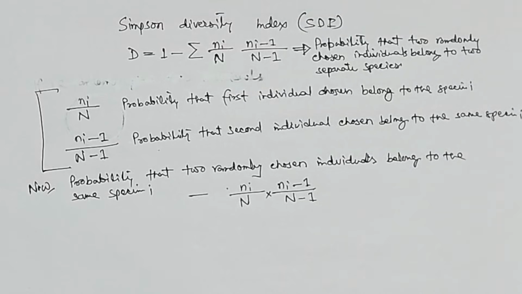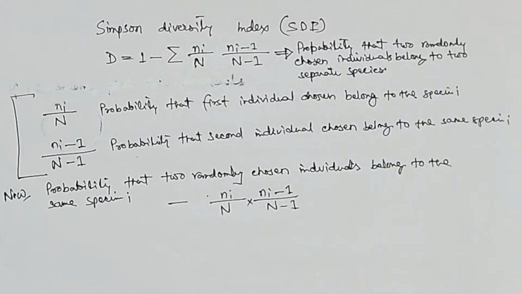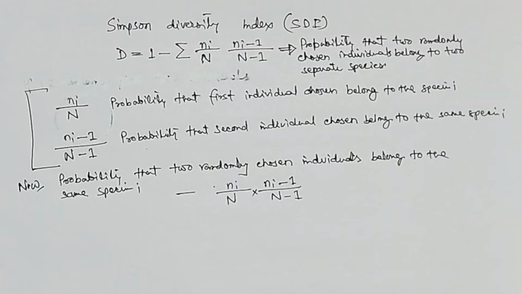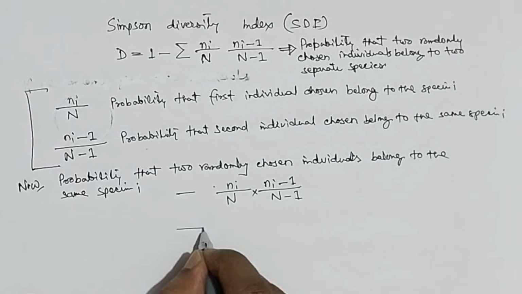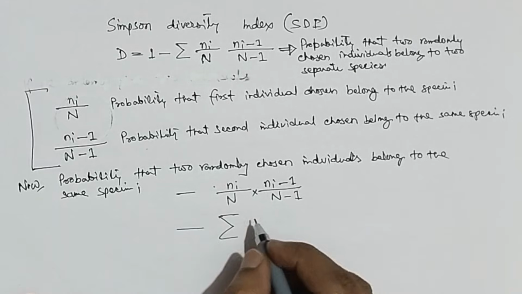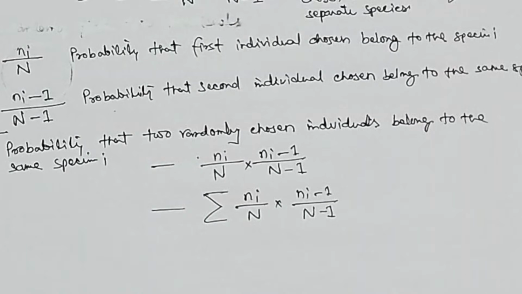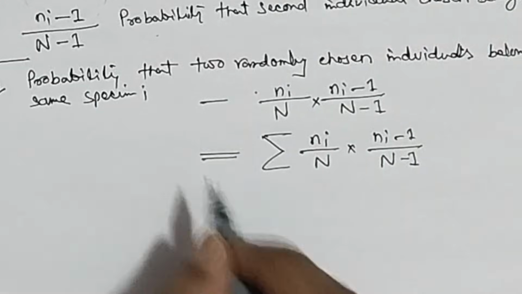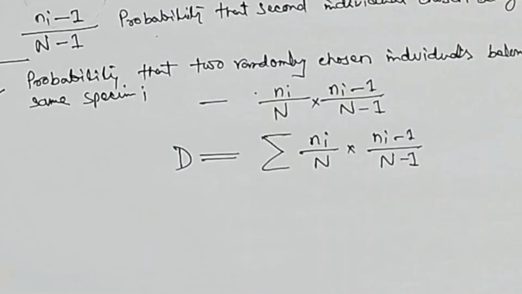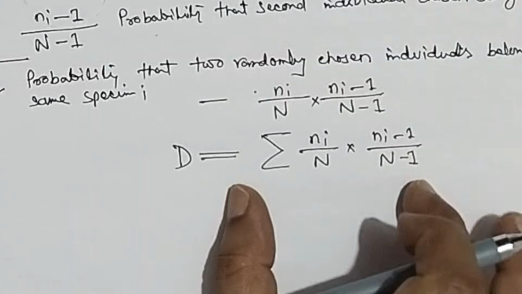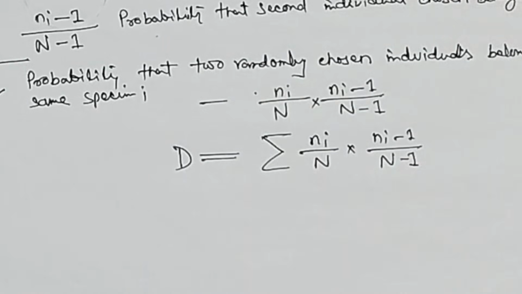Because we are calculating the probability of the two randomly chosen individuals belonging to the same species in the overall community. So the formula is simply like this, which means the probability that two randomly chosen individuals belong to the same species in the overall community.